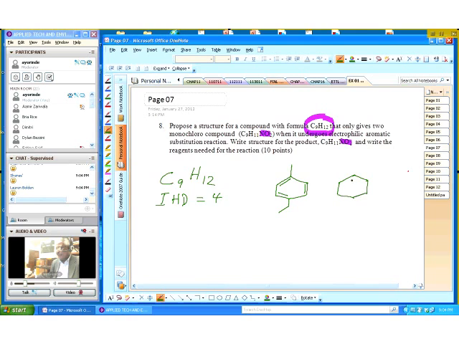Keep in mind, they say that this compound only gives 1 monochloro product. Or could it be this here? Let's look at the 3 choices that we have. Or could it be this?